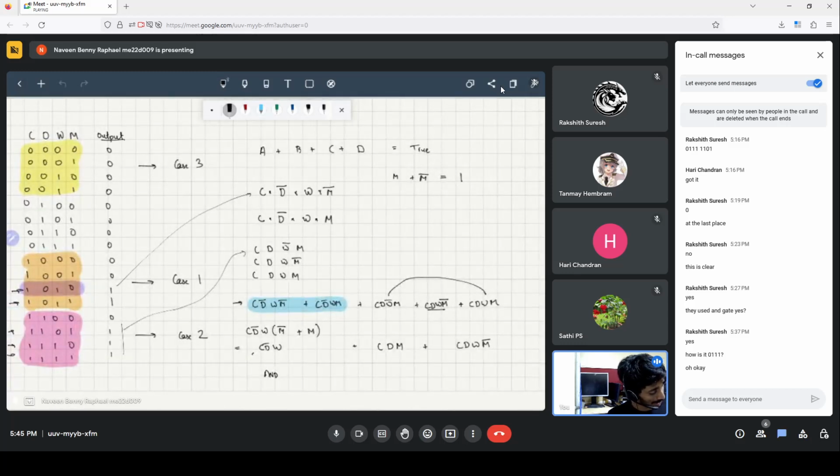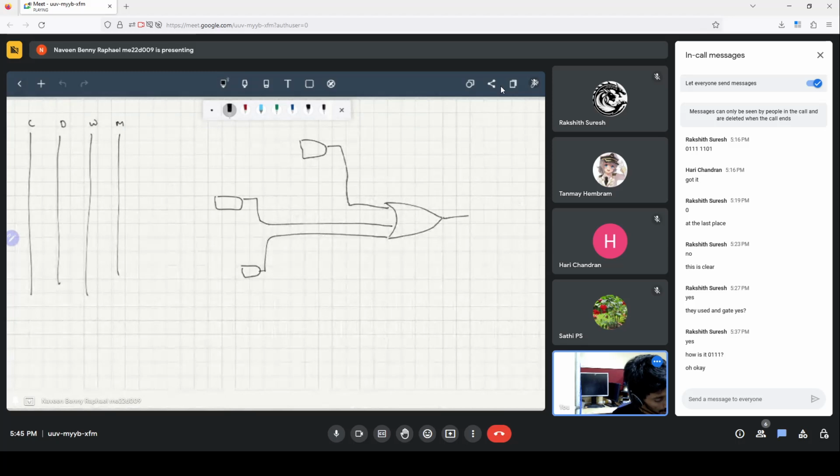The first one is C D negation W. So we'll take C, I'll take D out, but we need to negate it, so I put the not symbol here and take it in.